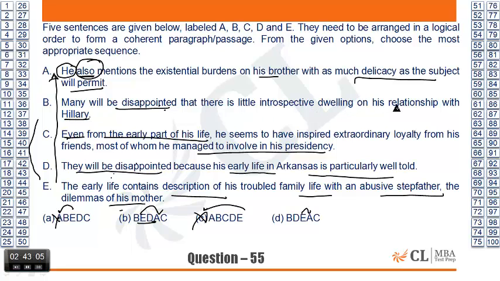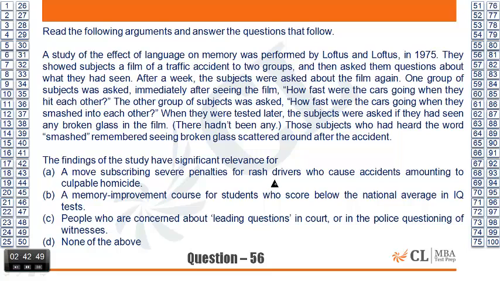There is little interest dwelling on his relationship with Hillary. The early life contains. I think this has to be directly connected. P and T. Yeah, this makes sense. 55 also done. Oh, I love critical reasoning. I think I'm good at this.